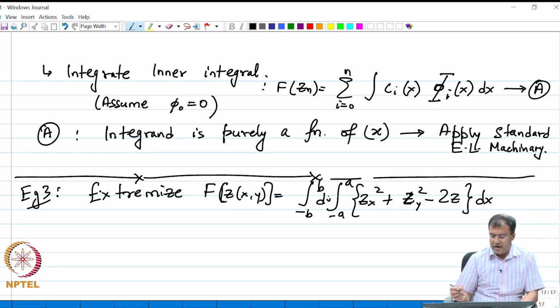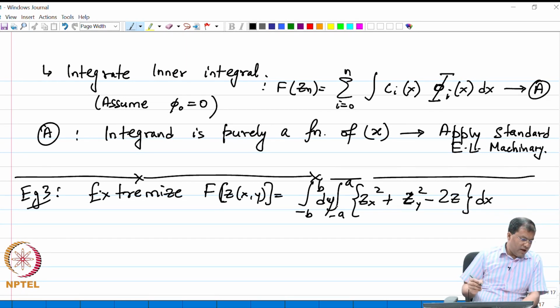Right now let me just interchange my x and y. So my inner integral is with respect to x and the outer is with respect to y. Okay. So we have to extremize this.